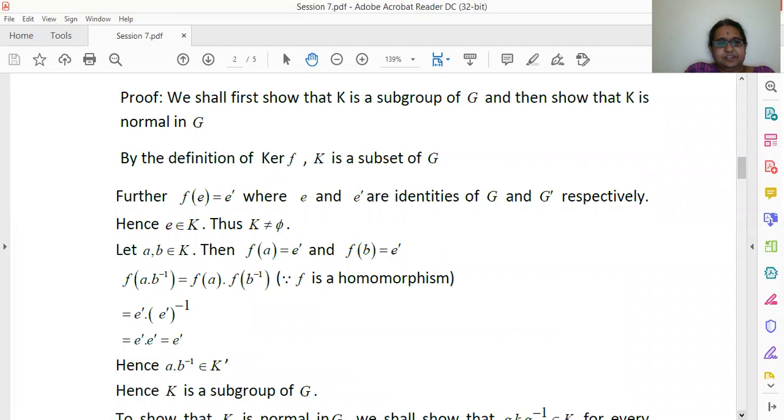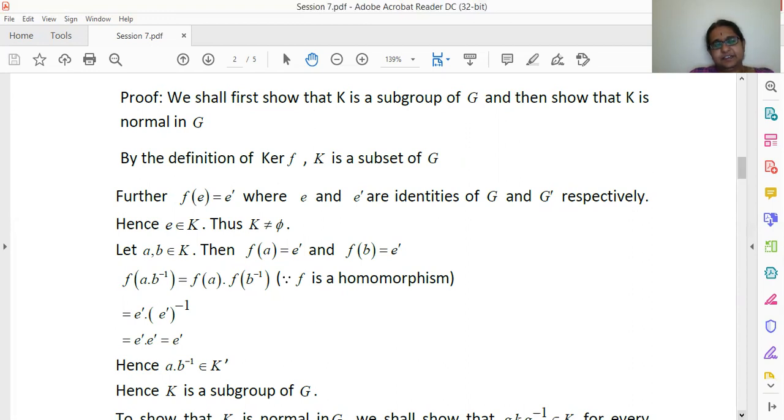So what we have is f of E is equal to E dash, where E and E dash are the identities of G and G dash respectively. Hence E belongs to K. Therefore K is non-empty. So we have shown that at least the identity element is in the kernel.